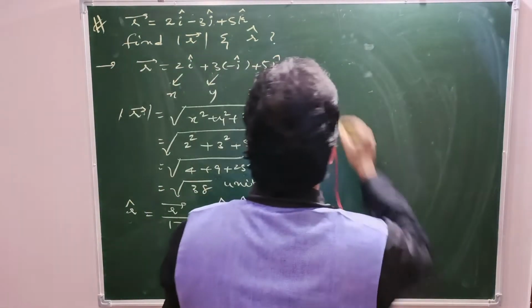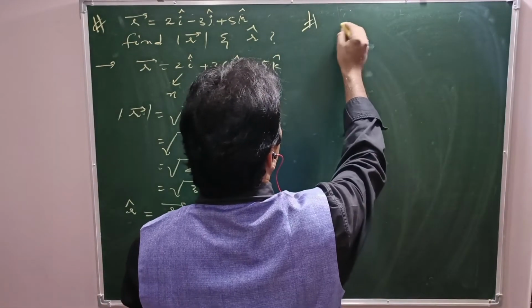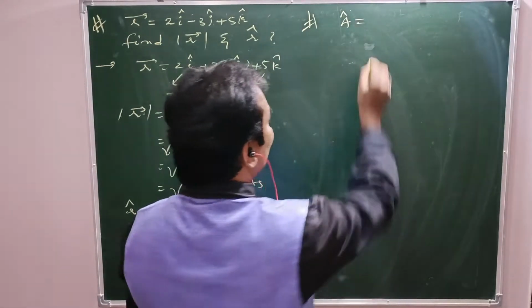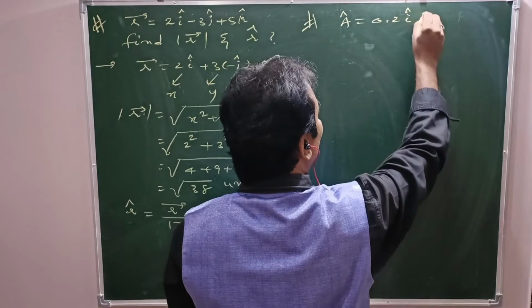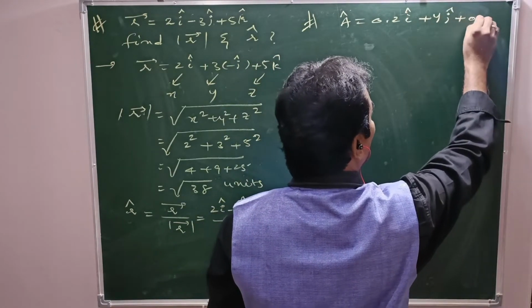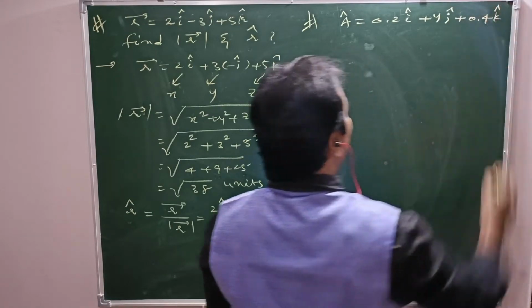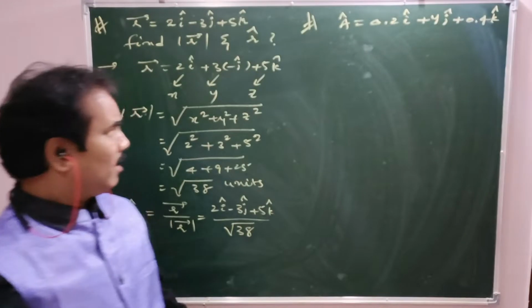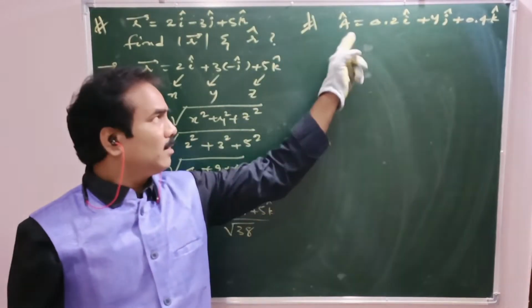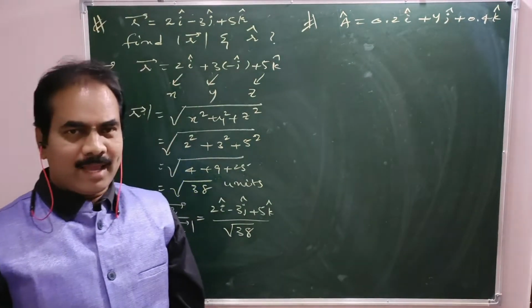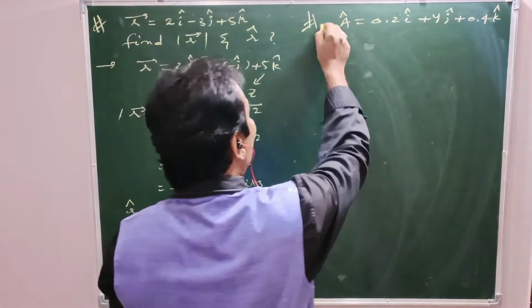Coming to the next numerical. Suppose a cap equals 0.2i cap plus yj cap plus 0.4k cap. Okay, this is the given unit vector: 0.2i cap plus yj cap plus 0.4k cap is a unit vector.